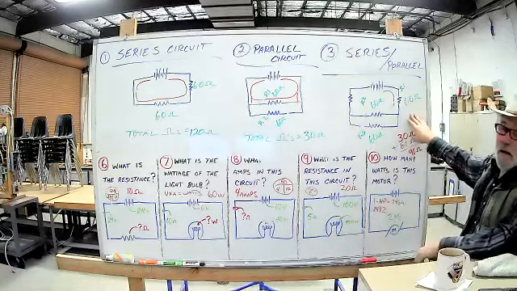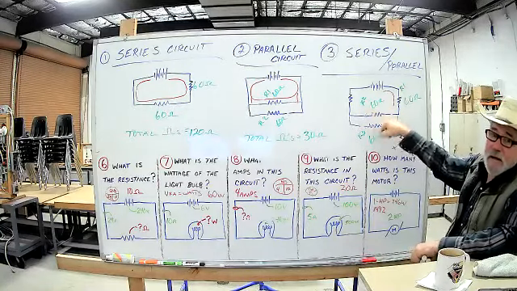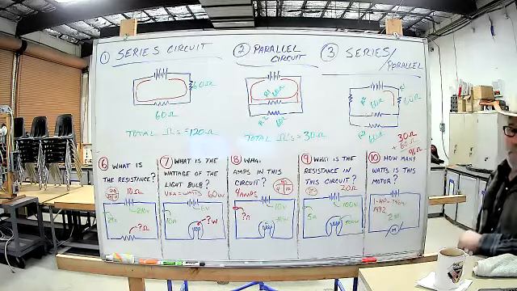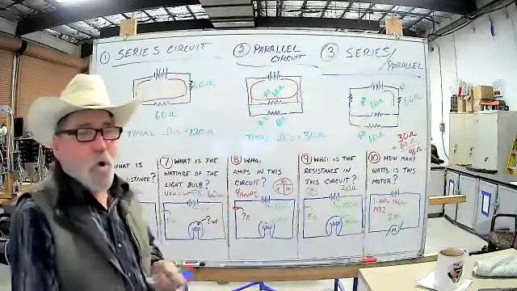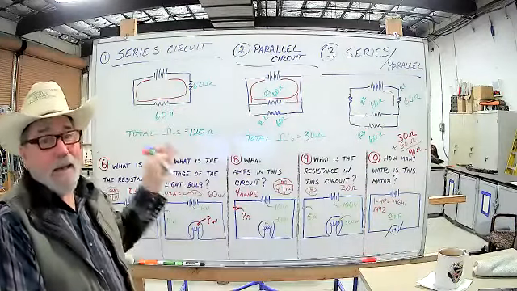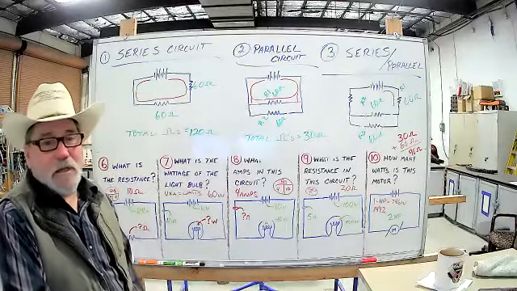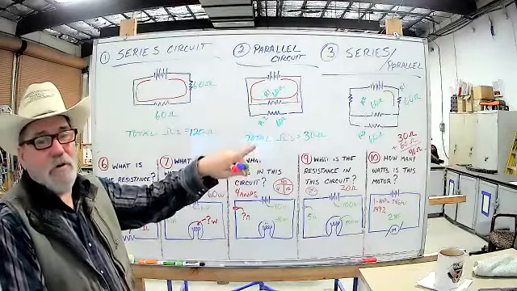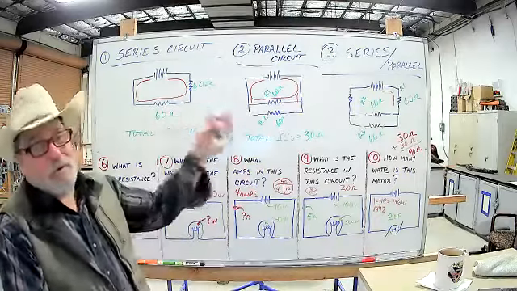And then in a series parallel, you want to solve for your parallel circuit first, and then this whole part here is in series with this one right here, and then you add them. So there you go. Simple as that.